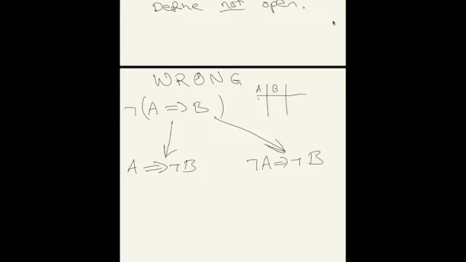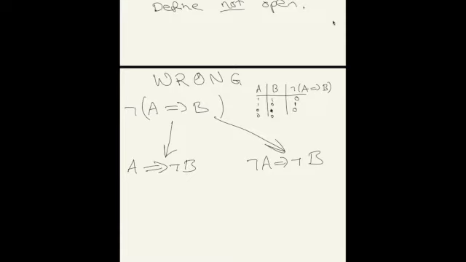The implication is false when A is true but B is not true.